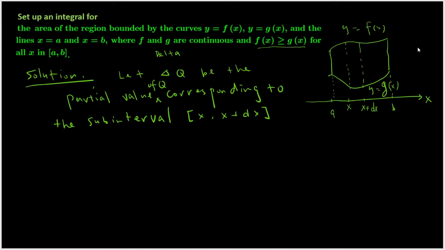I do not want to do too many shading, so later on it could be a little messy. I'll try to give it a description. I'm going to call it the area of the curved trapezoid. You see it's kind of an upside down trapezoid, but you have two curved sides.